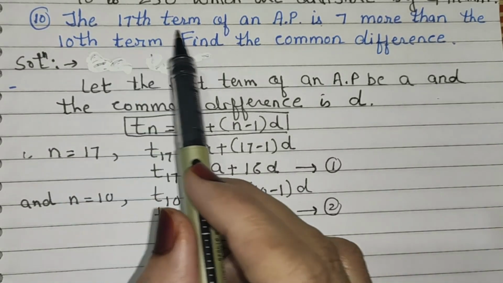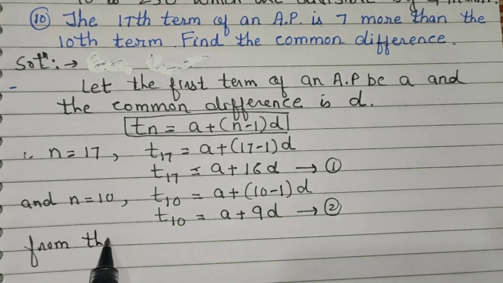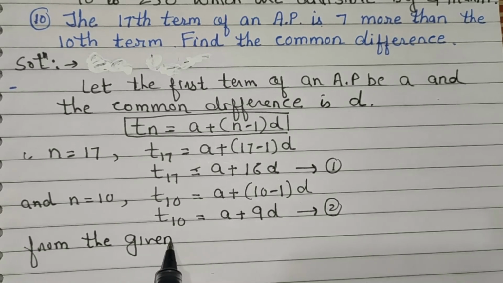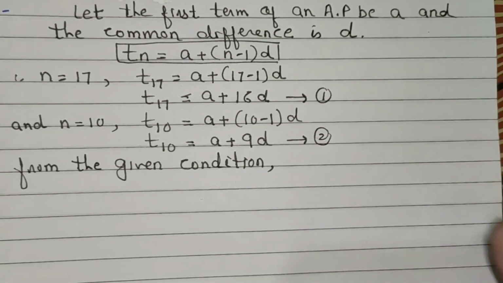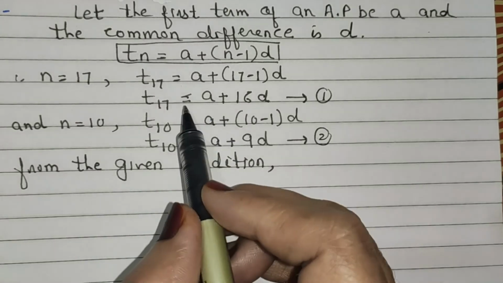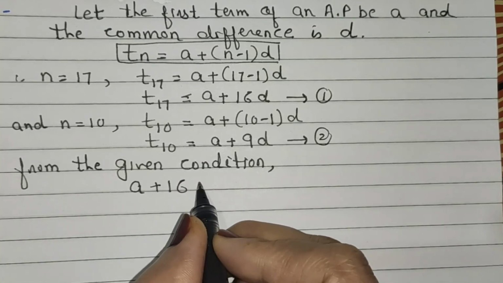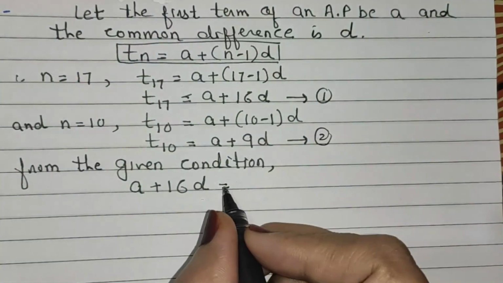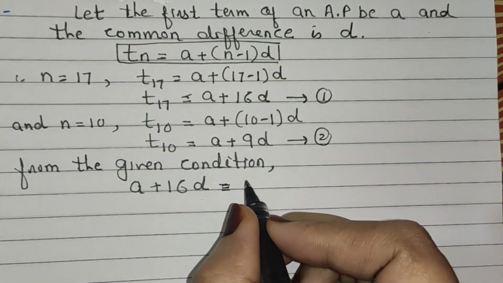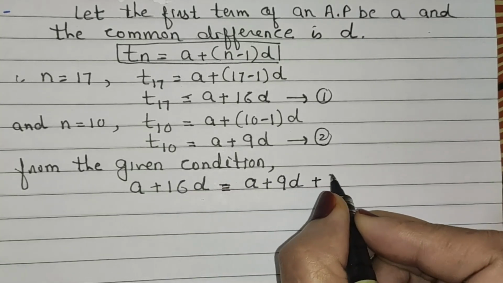Now from the given condition, the 17th term is A plus 16D, 7 more than the 10th term, therefore it is equal to A plus 9D plus 7.